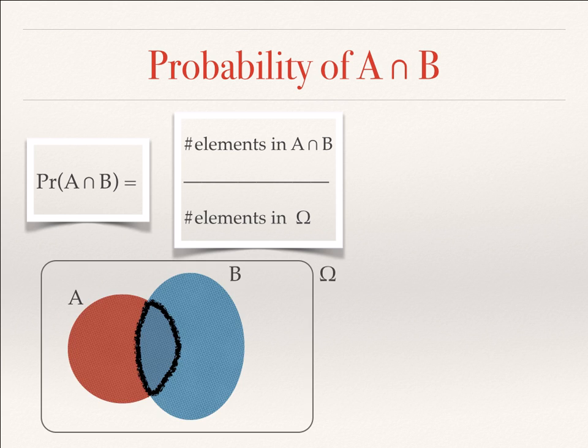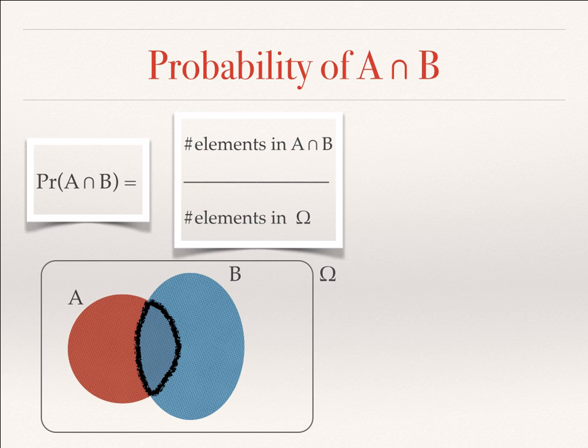Pictorially, remember that the intersection is the operation that picks out the elements that are in common to both A and B. So that's the area circumscribed by the thick black line that I drew. That's the intersection of A and B. We count the number of elements within that area, and then we divide it by the total number of elements in omega, our sample space, and this gives us the probability of A intersection B.